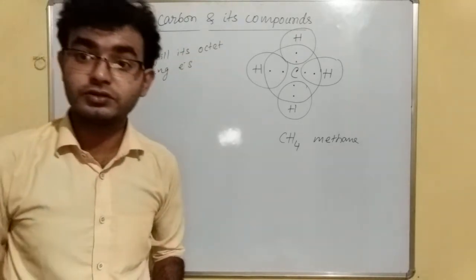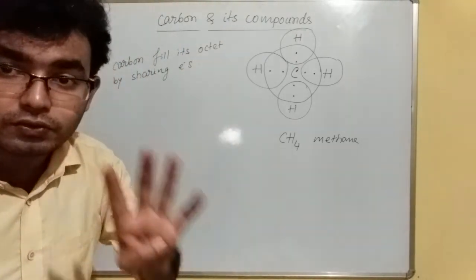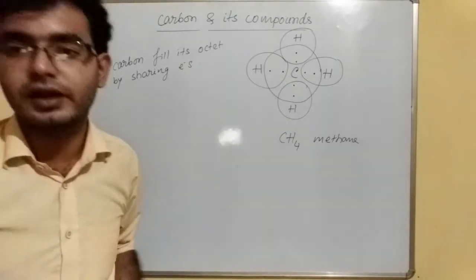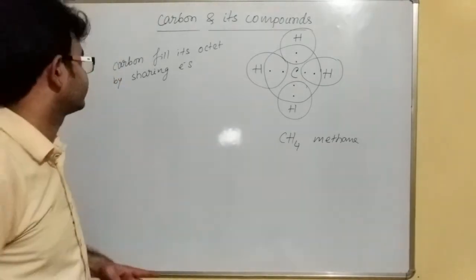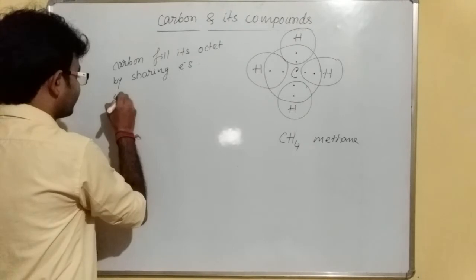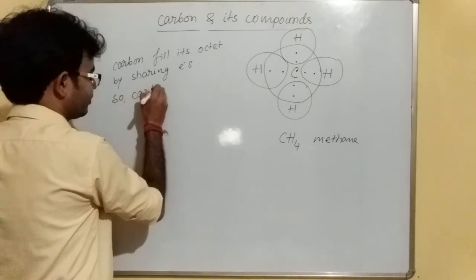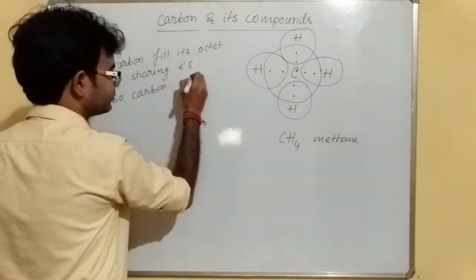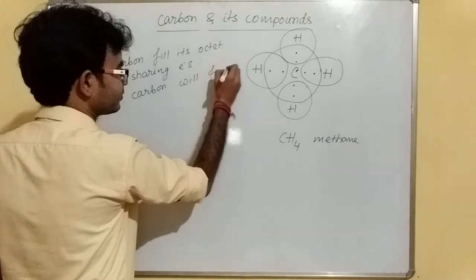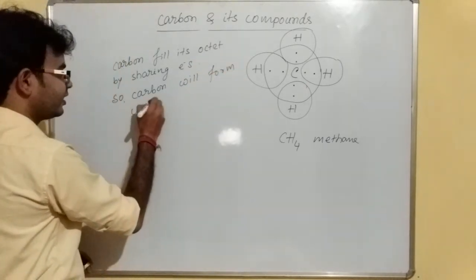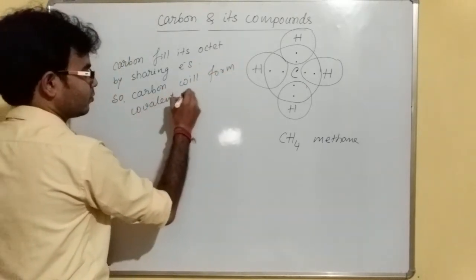Okay, how many electrons? By sharing its 4 valence electrons with another atom. So carbon will form covalent compounds.